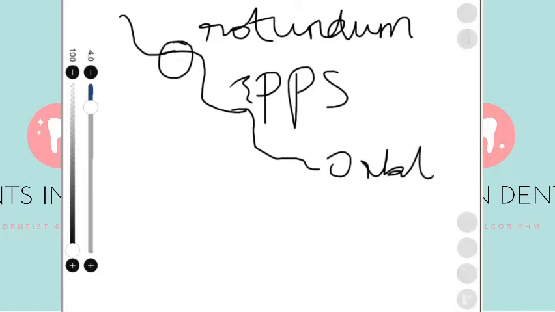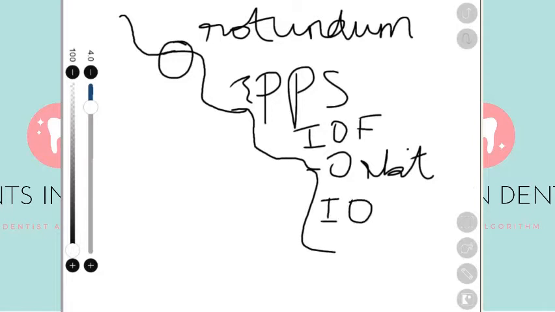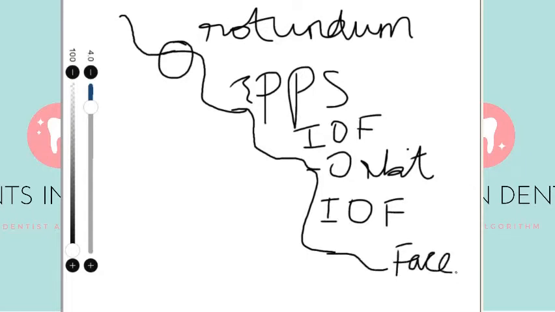It enters the orbit through the inferior orbital fissure, and once in the orbit it runs along a canal called the infraorbital canal, and then it exits the orbit and enters the face and gives off its terminal branches. It exits the orbit through the infraorbital foramen.